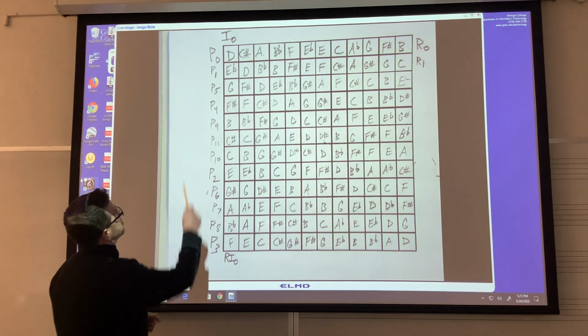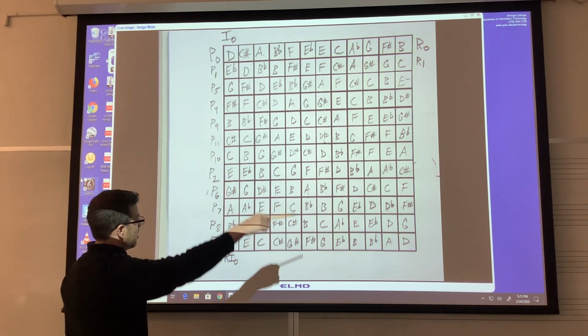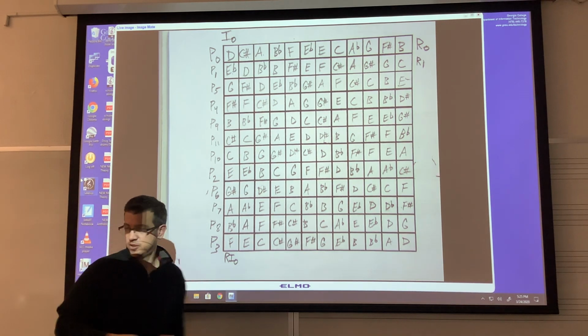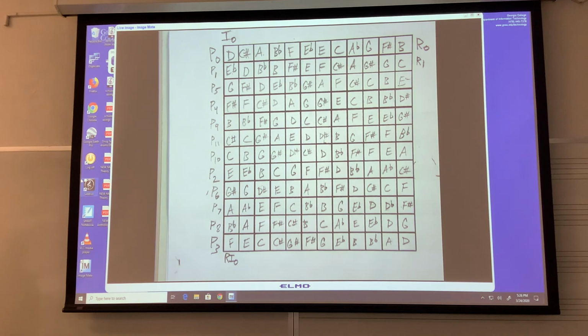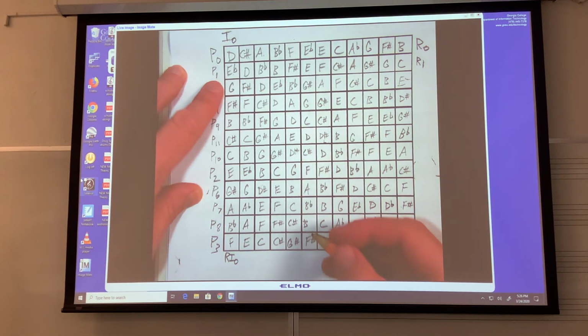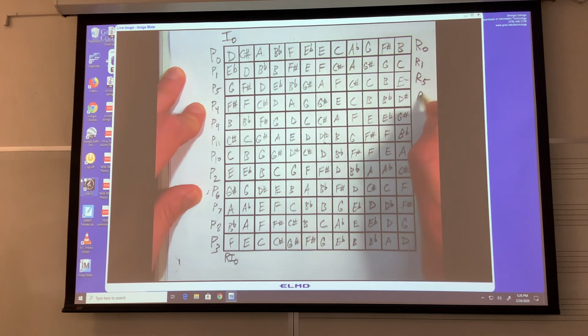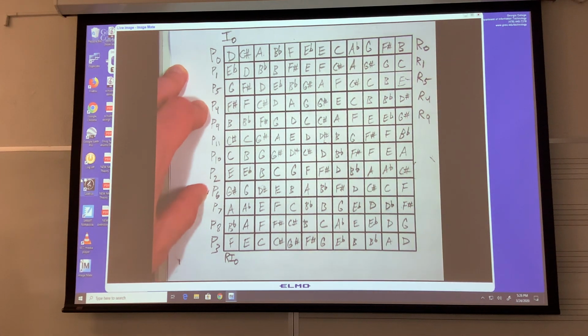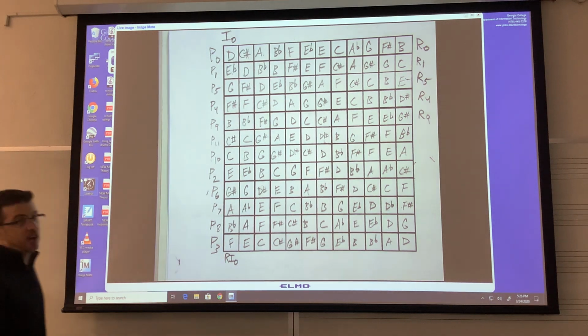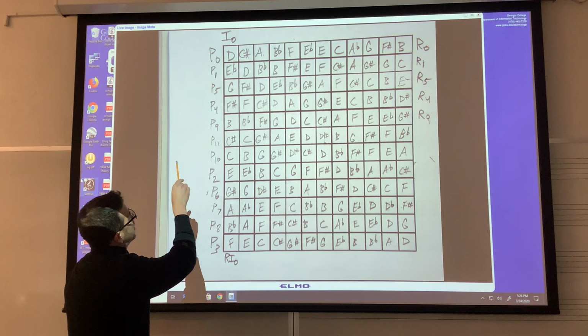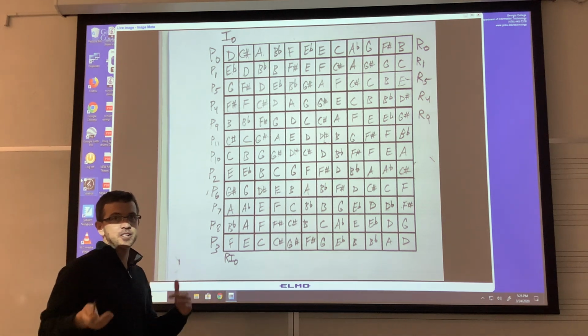Now what we can do is we can go ahead and put all the other R's and all the other RI's in. So to do that, you just figure out, just use the same number, etc. Now to figure out the I's, we have to start with D, and then to find I1 we have to go up a half step.